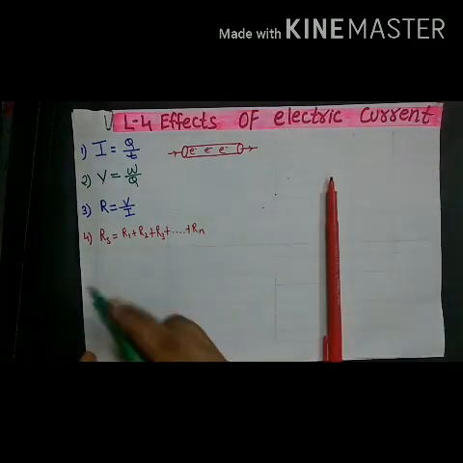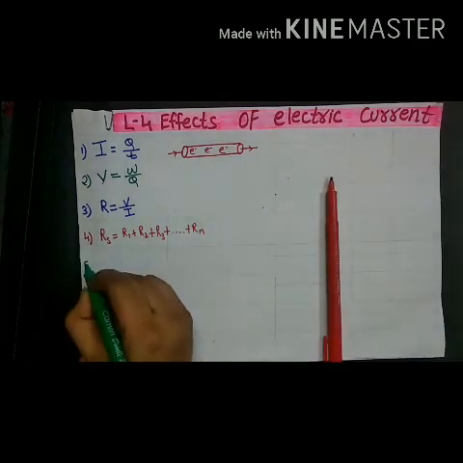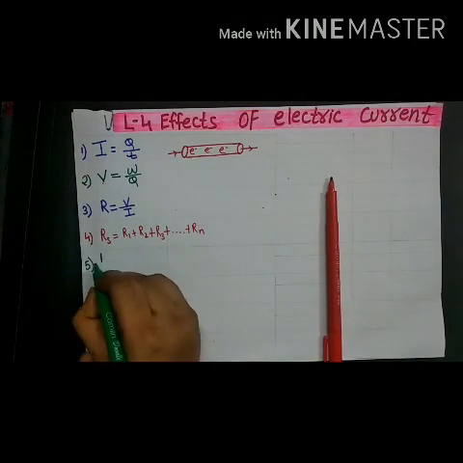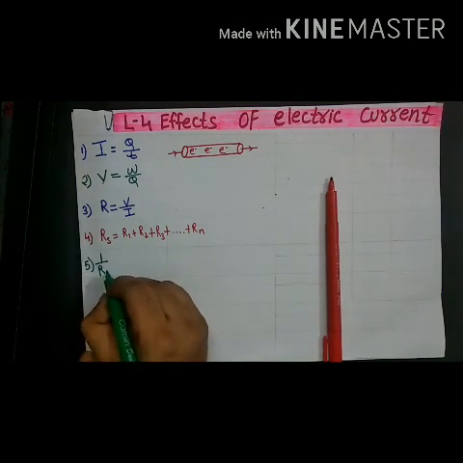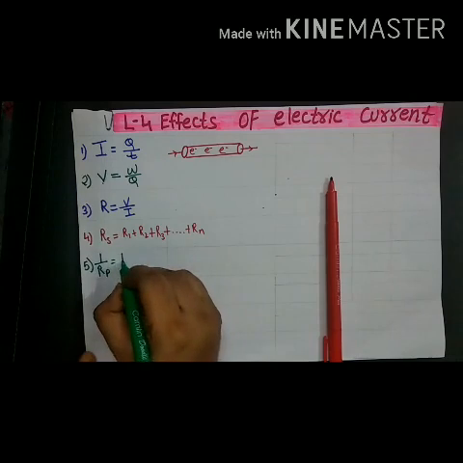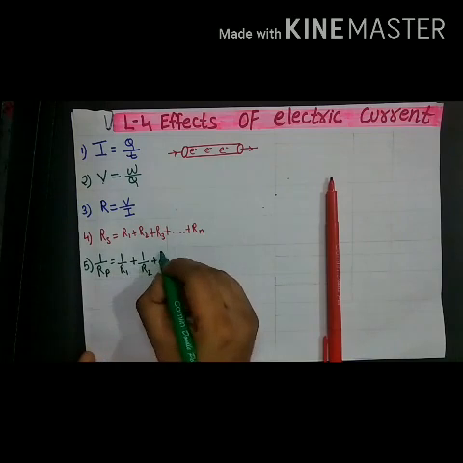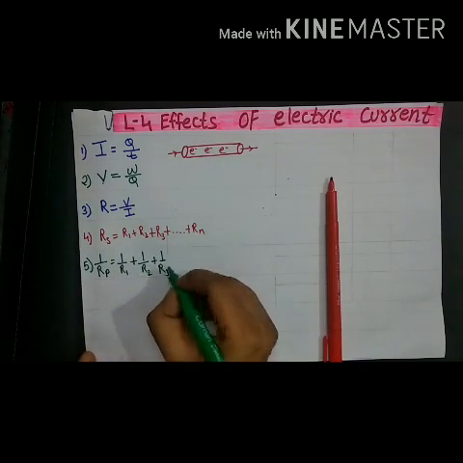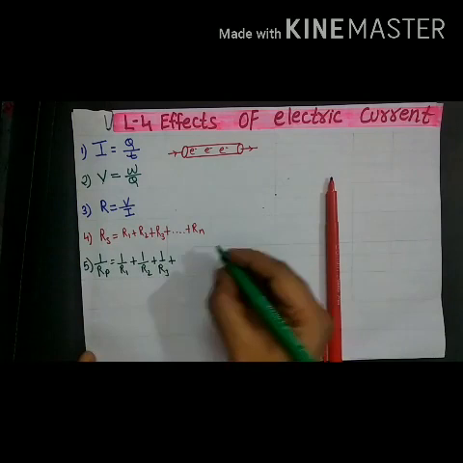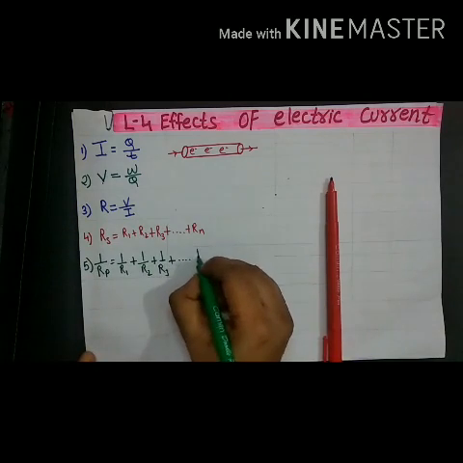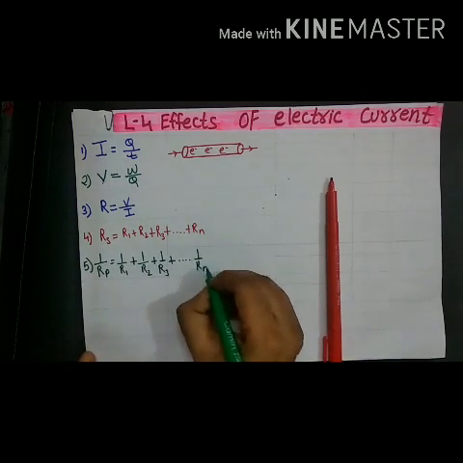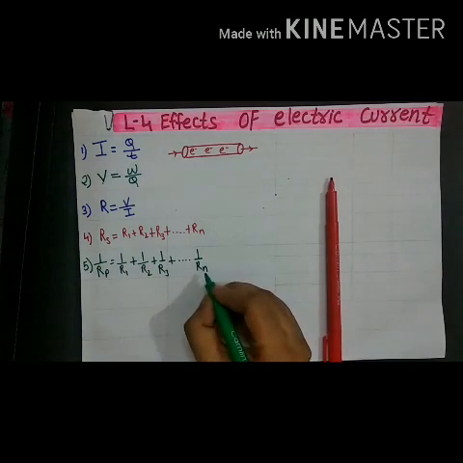And the formula for resistance in parallel can be written as 1 upon Rp is equal to 1 upon R1 plus 1 upon R2 plus 1 upon R3 plus ... 1 upon Rn. Rn means the total number of resistors which are connected in the circuit.